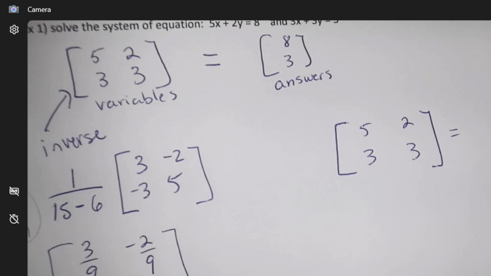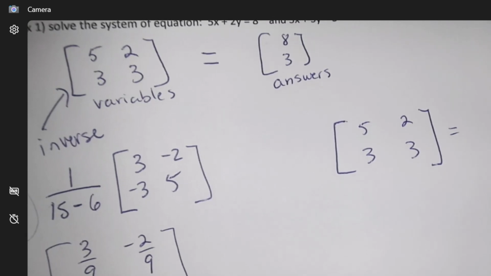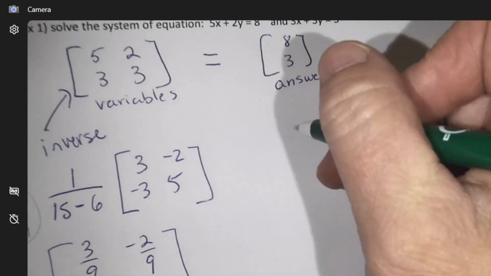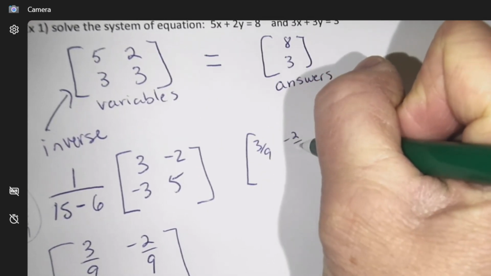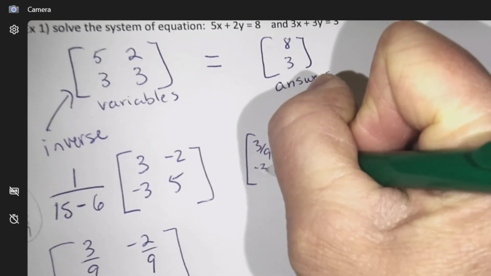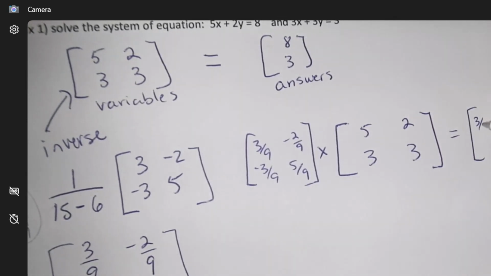Okay, so this was my original. And here's what I'm going to do. I'm going to times both sides by the inverse. Can we do that in math? If we do something to one side, we can do that to the other, right? So I'm going to times by the inverse on both sides.